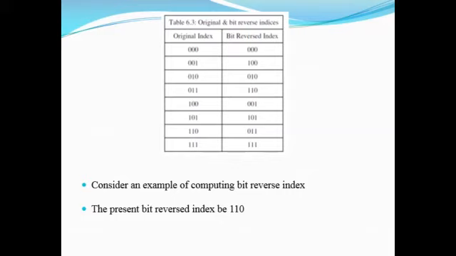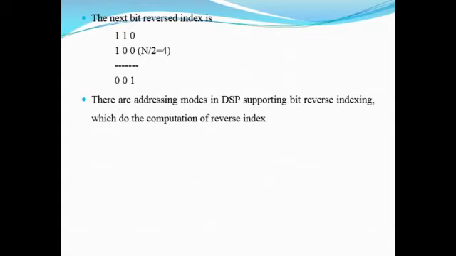So we are going to add to the present reverse index the number of points by 2. For example, if we consider 110 as the present index, we are going to add the value 100, that is N by 2. The number of points N is 8, so 8 by 2 is 4.